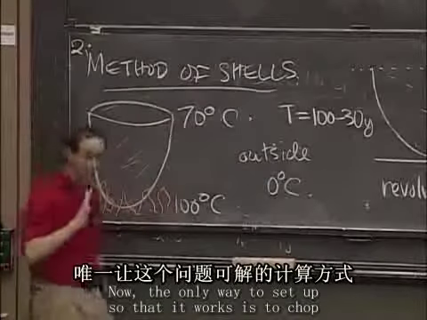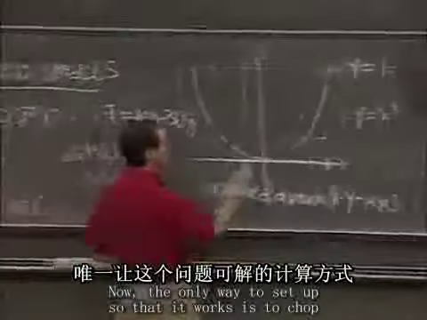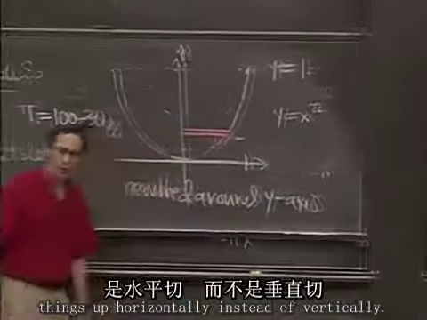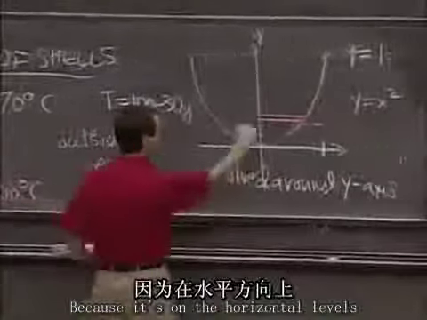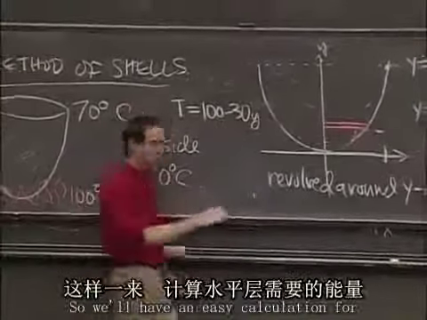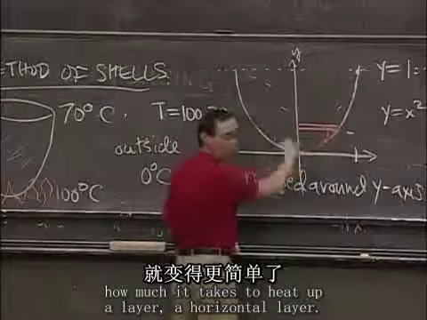Now, the only way to set it up so that it works is to chop things up horizontally instead of vertically, because it's on the horizontal levels that the temperature is constant. So we'll have an easy calculation for how much it takes to heat up a horizontal layer.